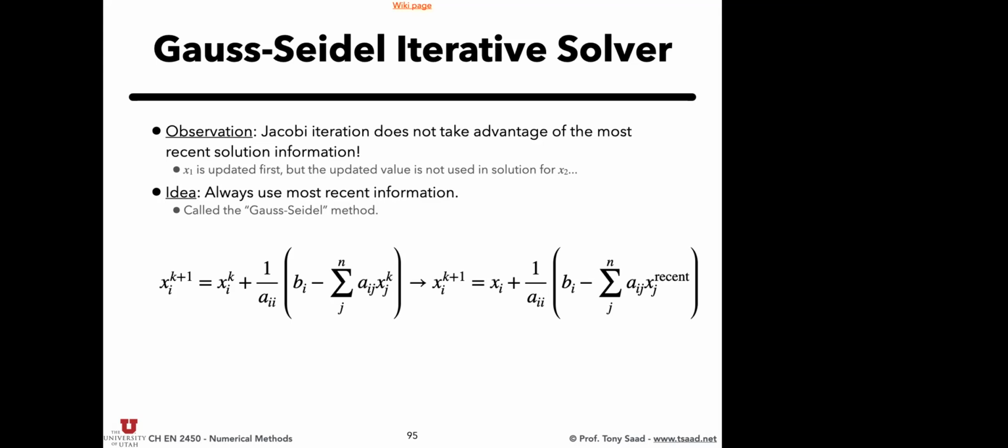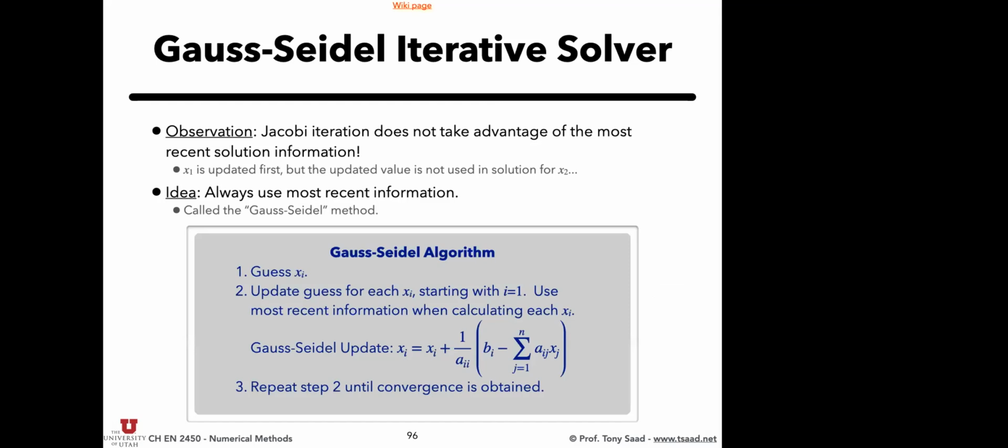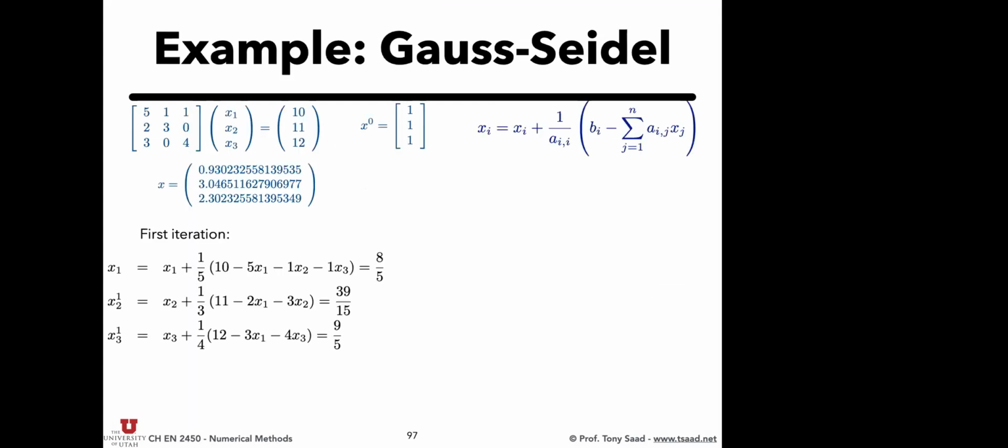The math is a little bit more complicated than what I've written here, but I write it as xj recent. Always use the most recent information that you have. If you have an x1 that you just computed, use it. If you have an x2, just use it. And that tends in general to cut the number of iterations, surprisingly, for many, many problems by half.